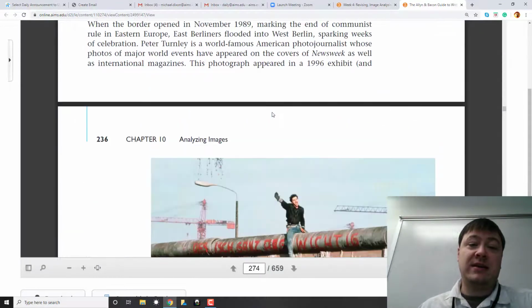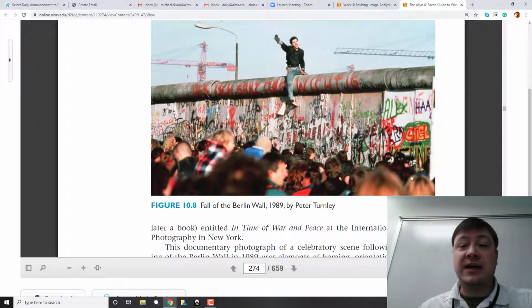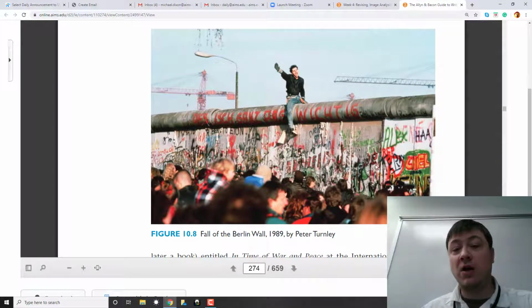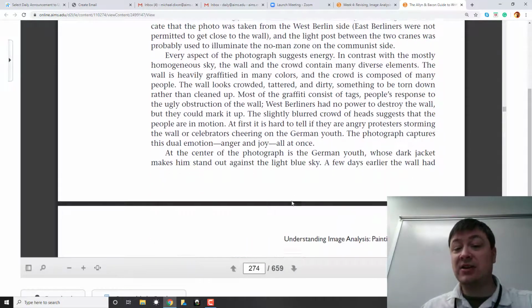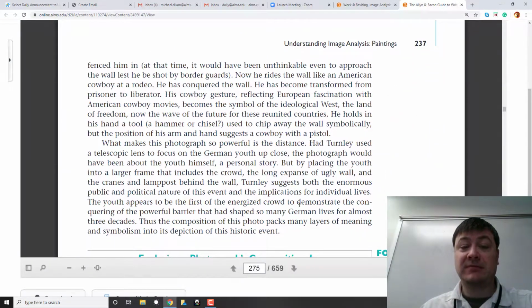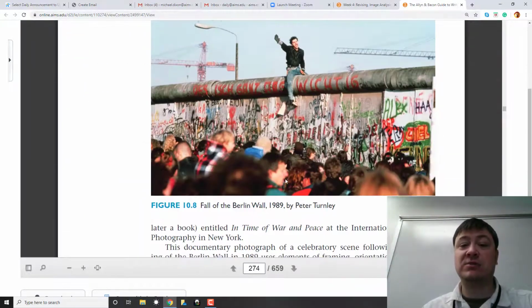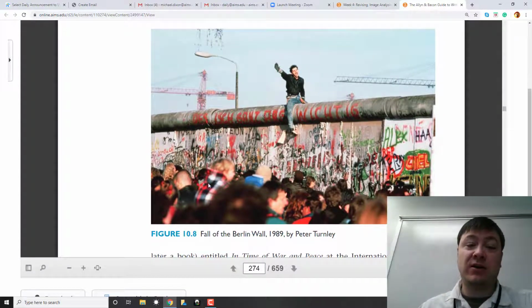They provide a pretty good rhetorical analysis of this particular photograph of the Berlin Wall, if you want to take a look at what a really good rhetorical analysis looks like. They break it down in terms of color, the focus, and how these heads are blurred.